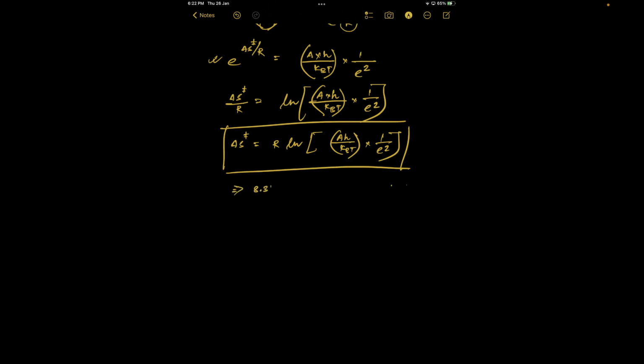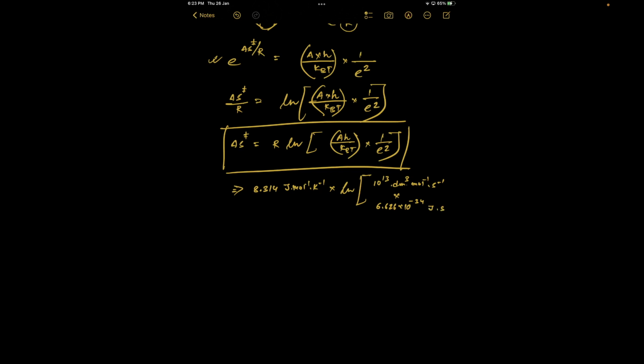R is 8.314 joule mole inverse Kelvin inverse, right? Then ln of A, the pre-exponential factor, whose value is given as 10 to the power 13 decimeter cube mole inverse second inverse. Then times h, the Planck constant, which is 6.626 times 10 to the power minus 34 joule second.